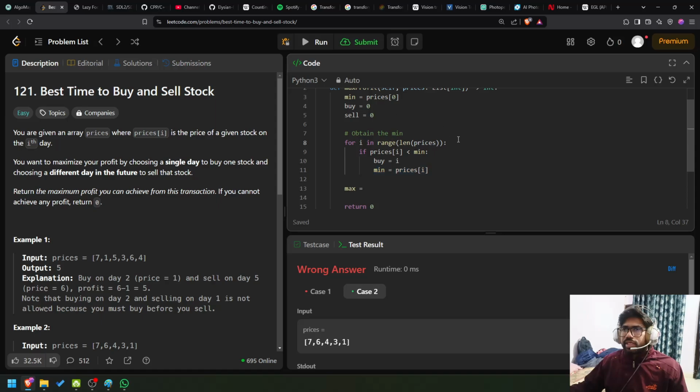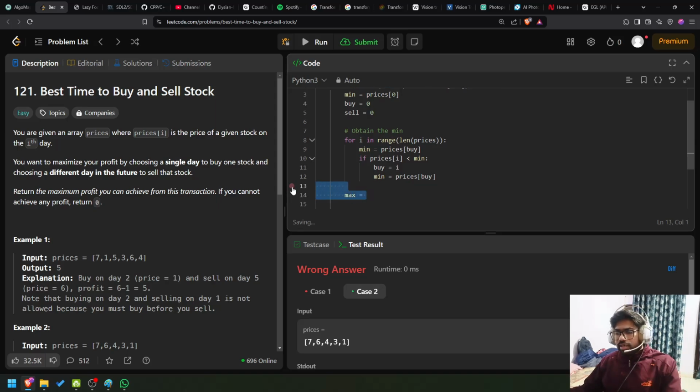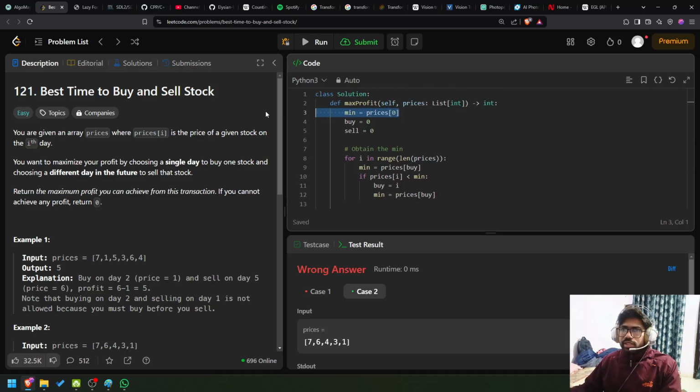Maybe I can just create minimum as a local variable. Minimum equals prices of buy, because I don't need this.